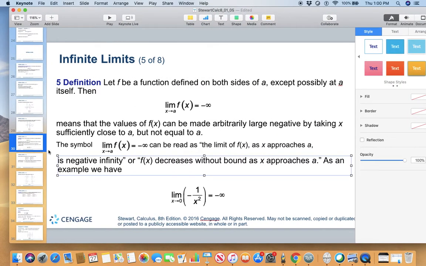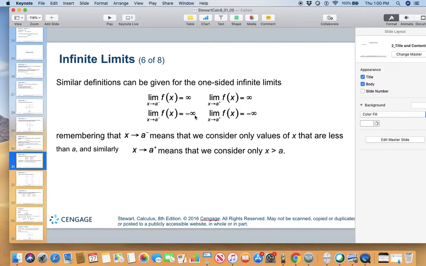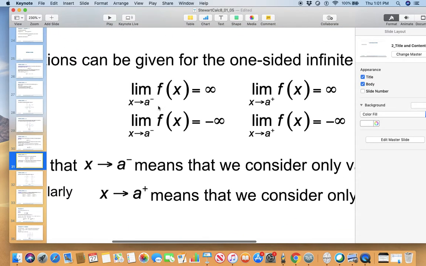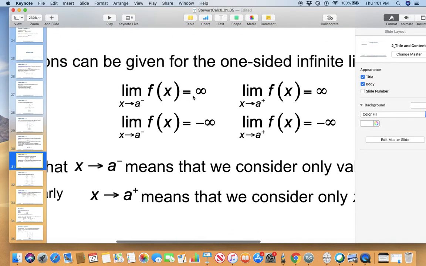All right. Next, here are different possibilities. For a number A, let's get close to it. The left-hand limit could be positive infinity. The left-hand limit could be negative infinity. The right-hand limit could be positive infinity.